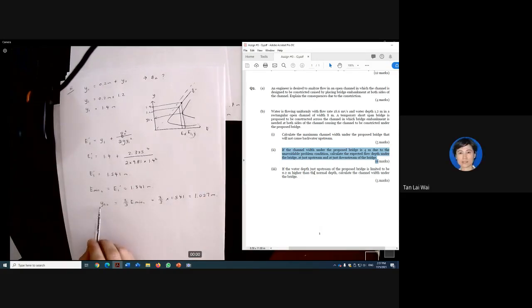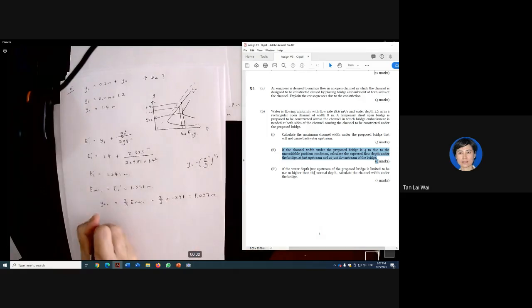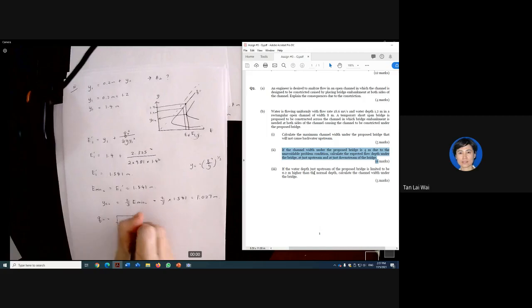Once I have my YC, I can get my Q. You remember this? YC equals Q squared over g, to the power 1 over 3, right? So I can get my Q2.